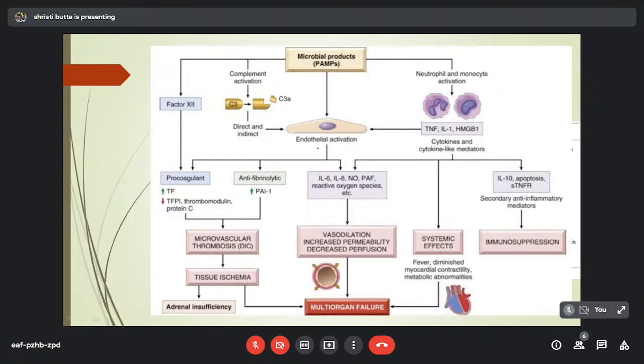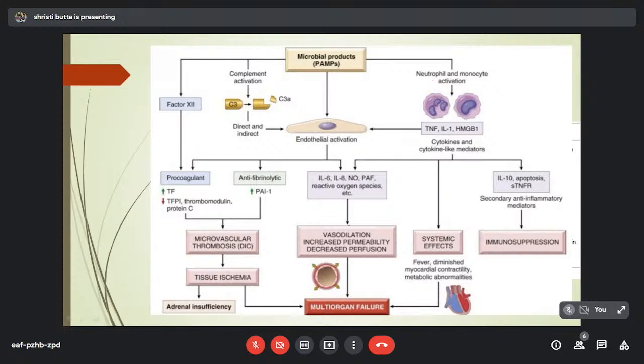What happens is that these endothelial cells, which are also activated, can either have a procoagulant effect or an antifibrinolytic effect, and that results in DIC, and subsequently tissue ischemia, all resulting in a multi-organ failure. Even activation of the complement cascade results in activation of these endothelium and subsequent destruction.